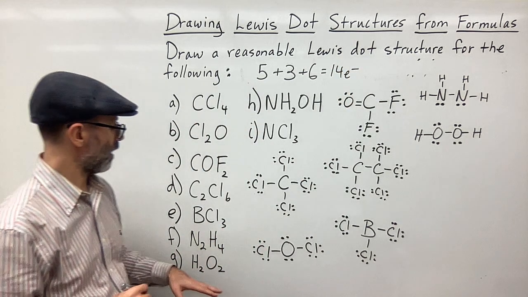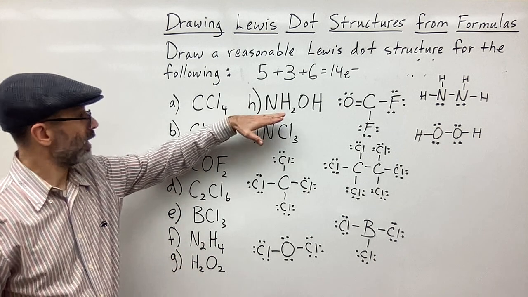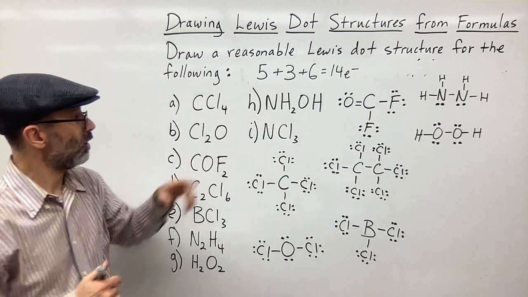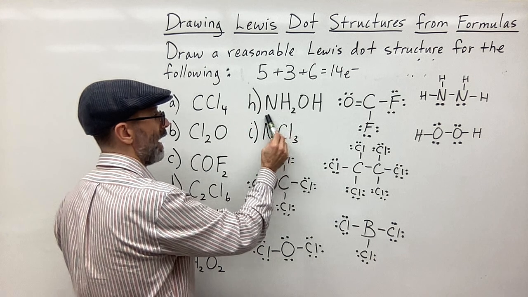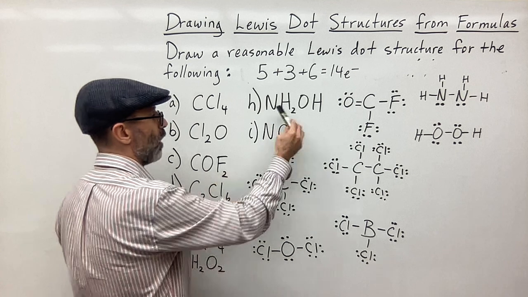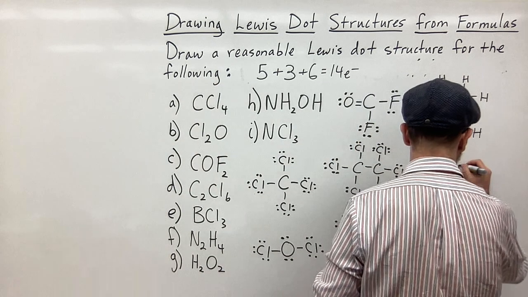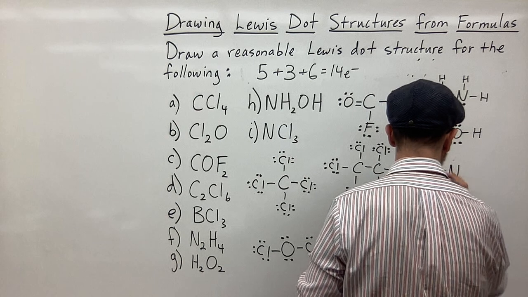So now we have step 2, draw your skeletal structure. So here again, this is an organic molecule. So the hydrogens are going to be bonded to the atom that they follow. So hydrogen is bonded to nitrogen. So this nitrogen has 2 hydrogens bonded to it.